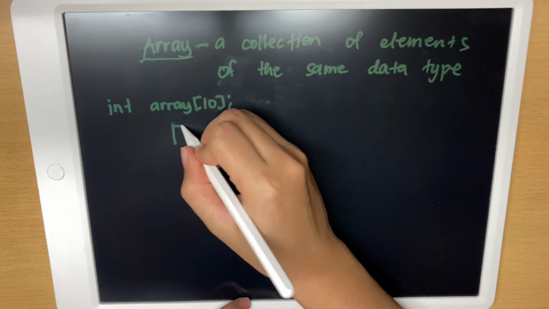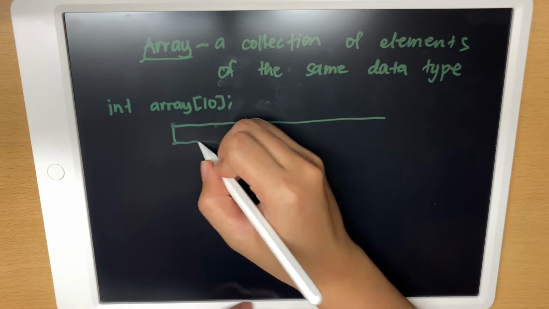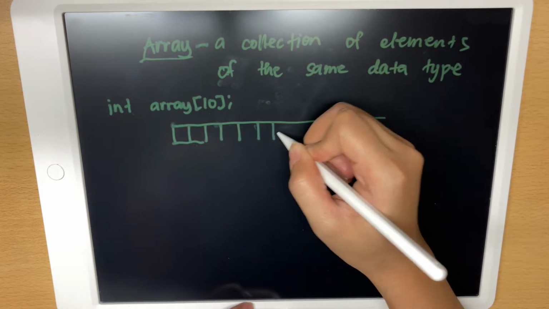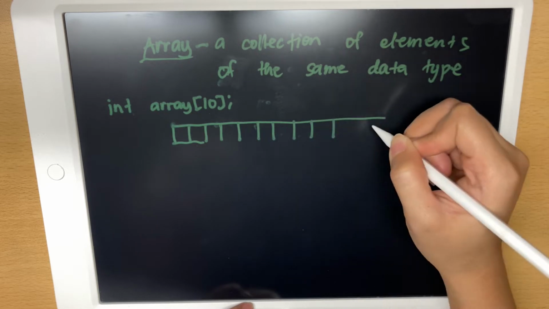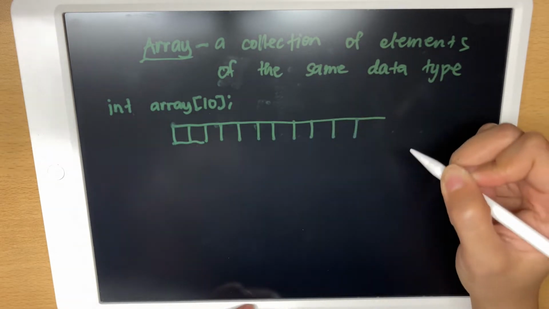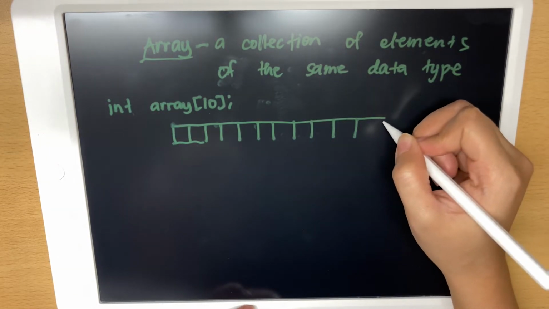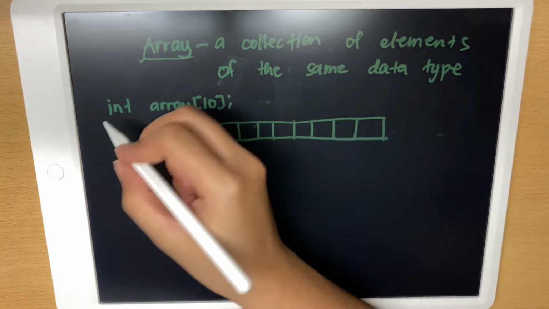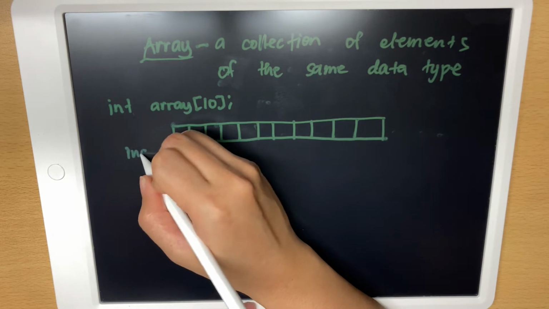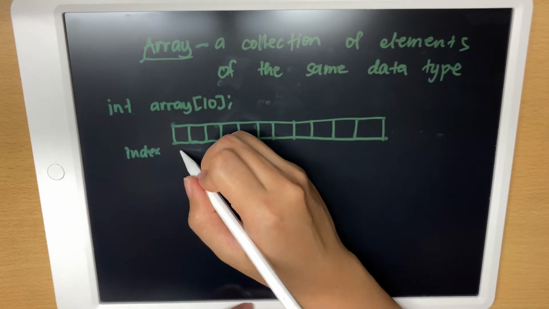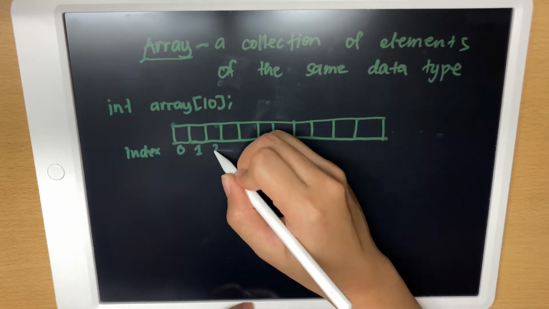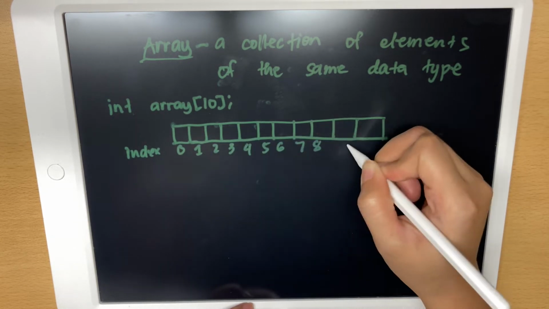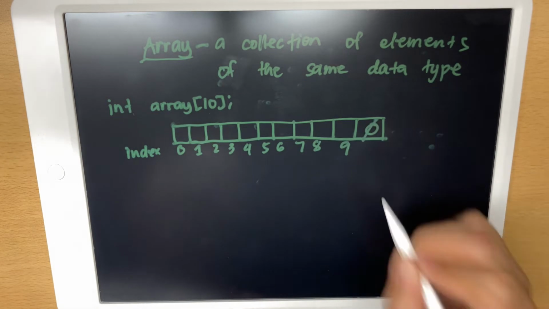would give us this one: 1, 2, 10. Okay. And the arrays are indexed starting from 0, 1, 2, 3, 4, 5, 6, 7, 8, 9.